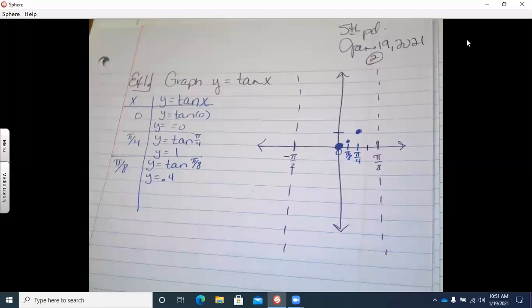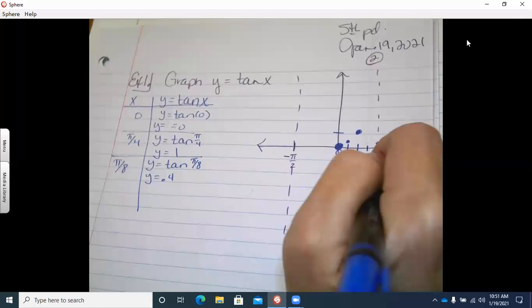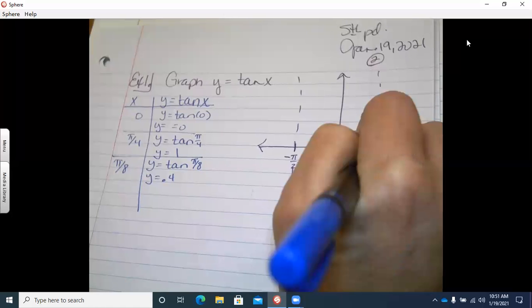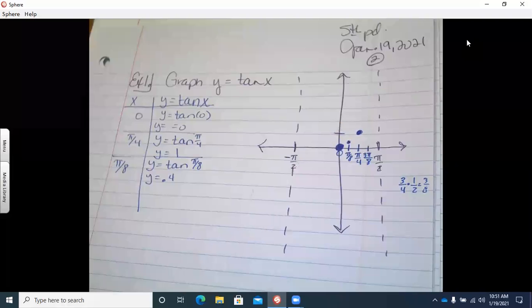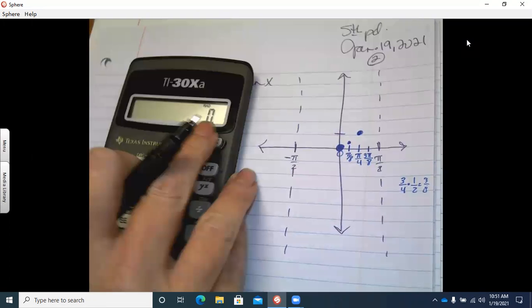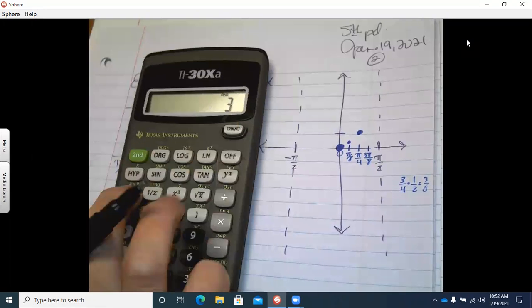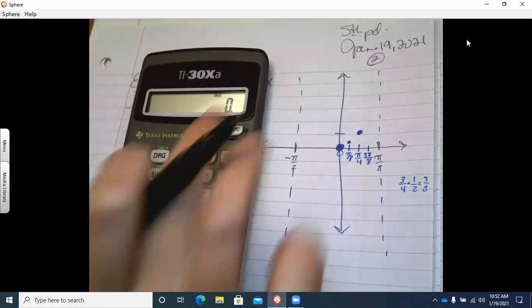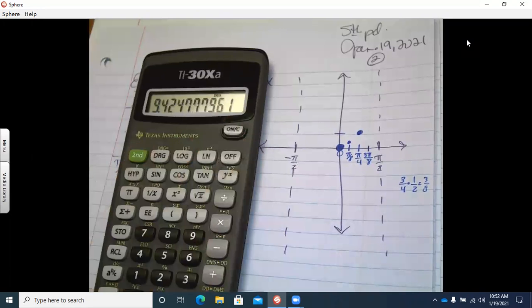This is pi halves, 3/4 of the way through. 3/4 times 1/2 is 3/8. So 3 pi over 8. Well, 3 times pi is equal to 9.4 something. Divide that by 8, and you get 1.17. We've got to take the tangent of that.